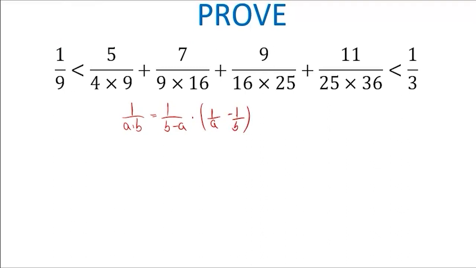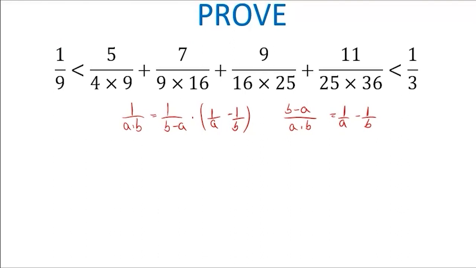And also I'm going to use b minus a over a multiplied with b equals 1 over a minus 1 over b. Let's see how we apply these two formulas on my example.